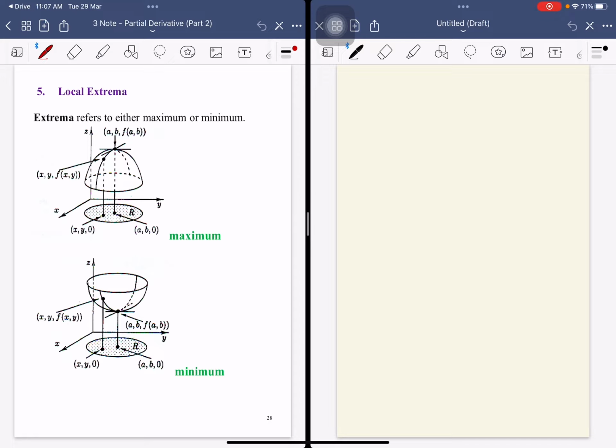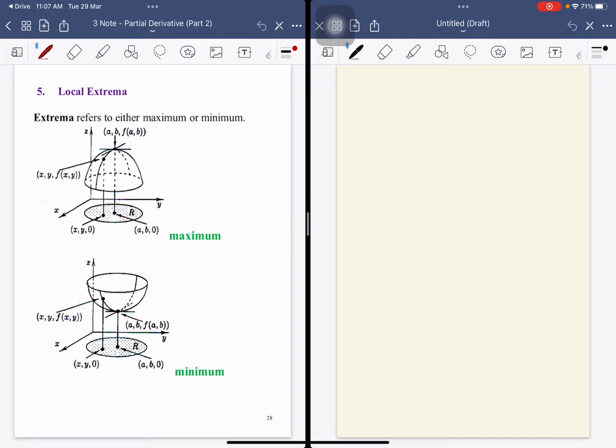We're going to use this theorem: set the partial derivative with respect to x and with respect to y equal to 0. If we solve both partial derivatives with respect to both independent variables equal to 0, you're going to get the critical points.